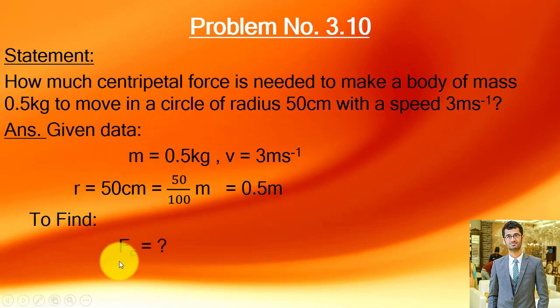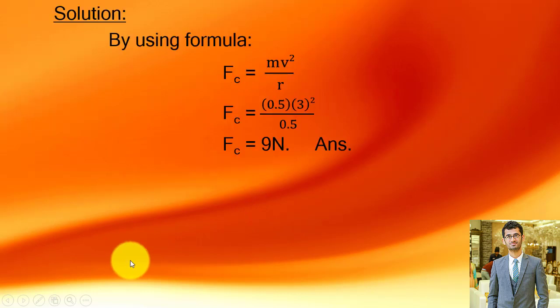We need to find the centripetal force. For that purpose, using the formula of centripetal force, Fc is equal to mv square over r. Here m is 0.5, speed is 3 meter per second, and the value of radius is 0.5.